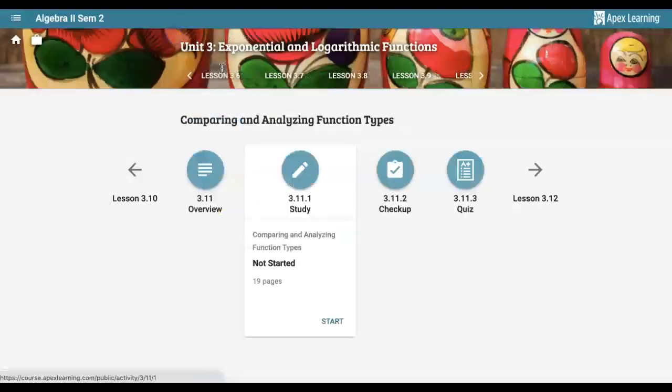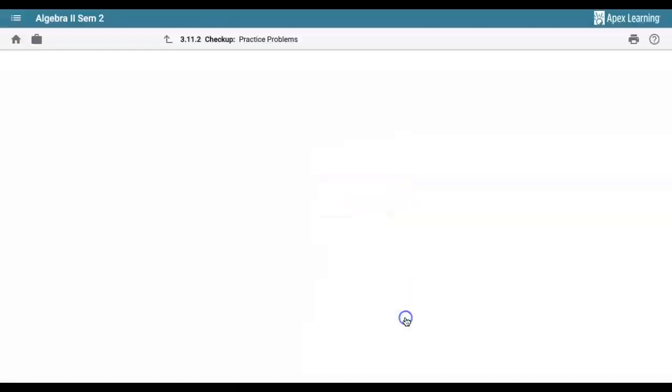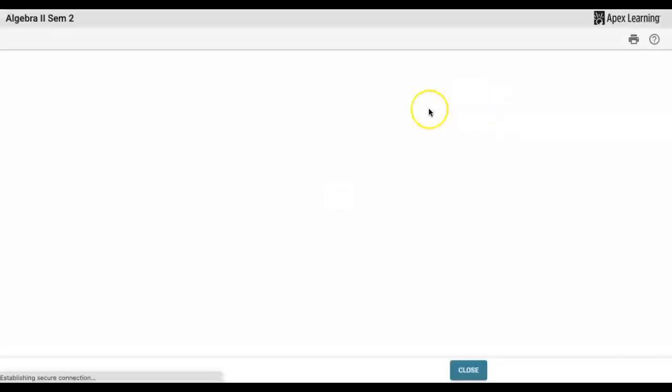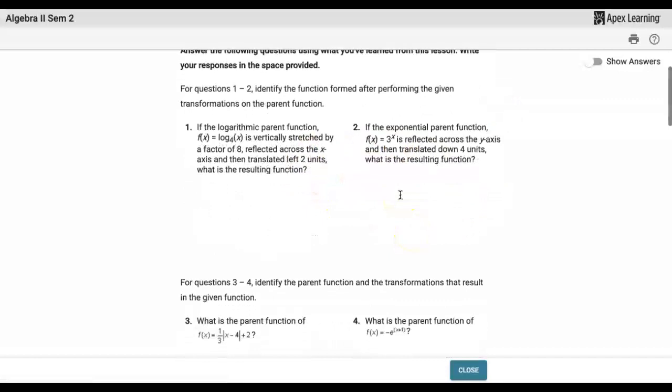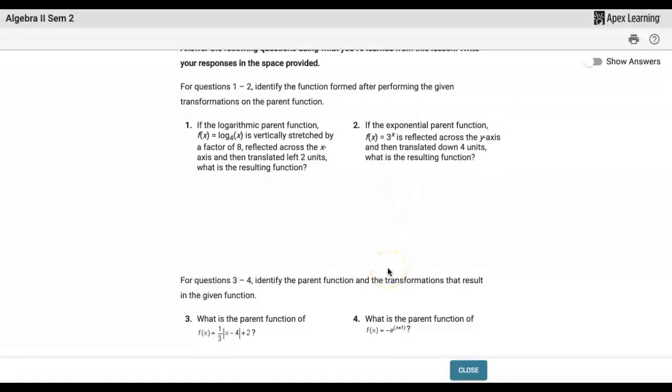Okay, so then moving forward, we have our 3.11 checkup. A couple quick problems here. It's asking you to identify the parent function and then perform the translations that are being expressed to you.